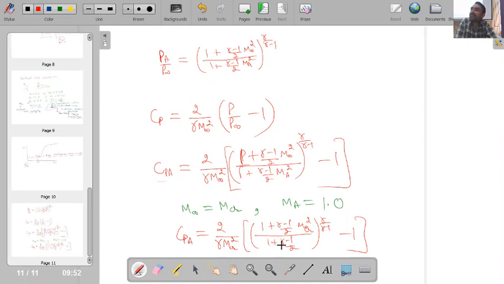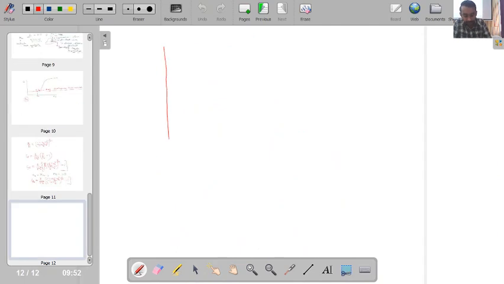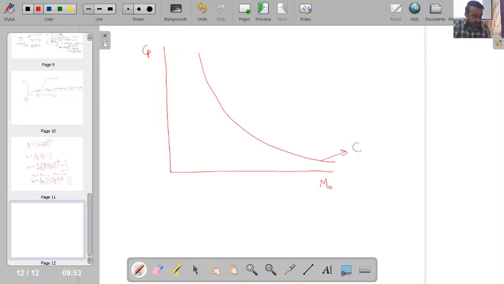So if I plot this equation with Mach number, then Cp as a function of M infinity will come something like this on this curve.